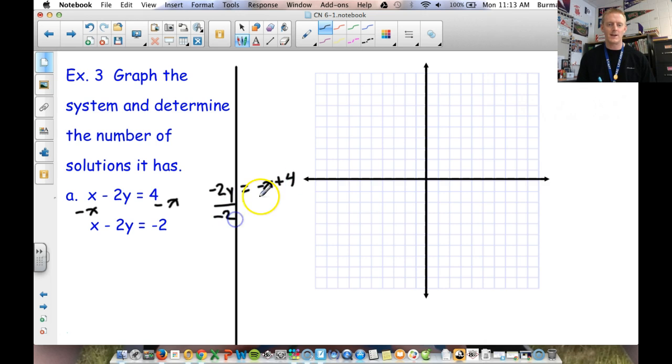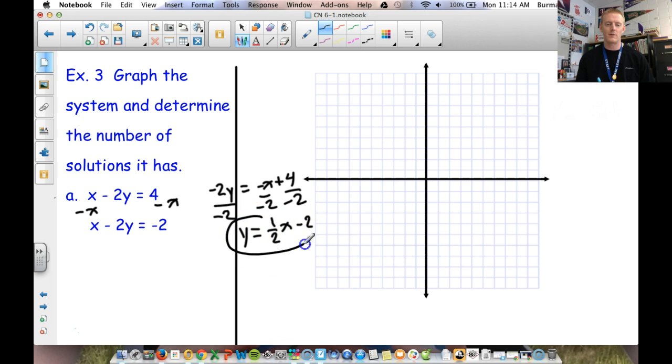Divide everything by a negative 2. Common mistake, people forget to divide by that negative. Then we have our equation of y is equal to a 1/2 x, because x divided by 2 is 1/2, and a negative makes a positive. And then a 4 divided by a negative 2 is a negative 2.